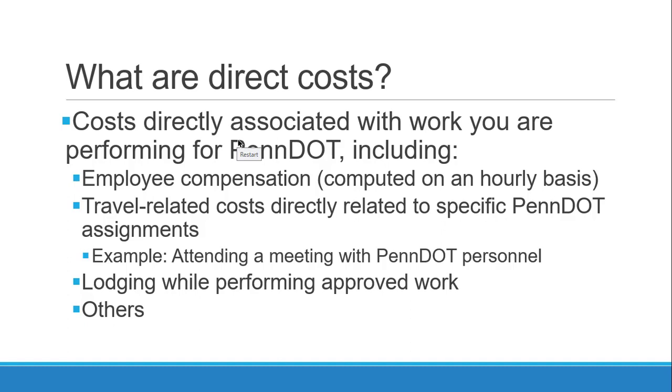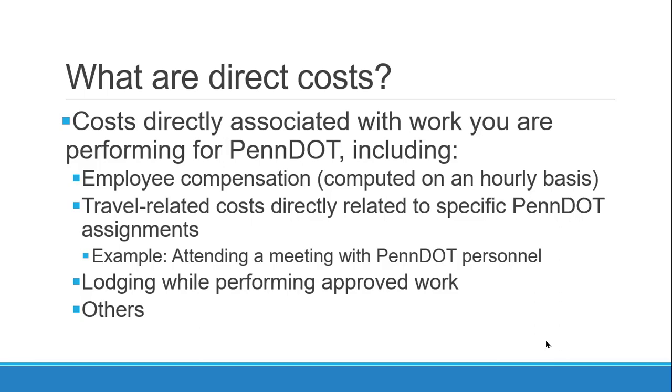So before we can talk about indirect costs, we should first talk about direct costs. What are direct costs? Direct costs can be considered costs directly associated with work you are performing for PennDOT, including employee compensation, which will be computed on an hourly basis. For example, $35 per hour.